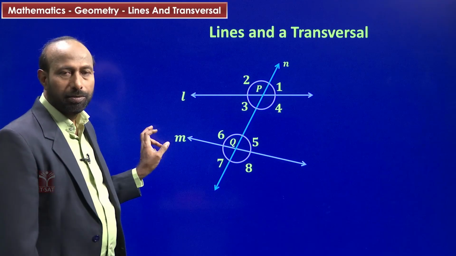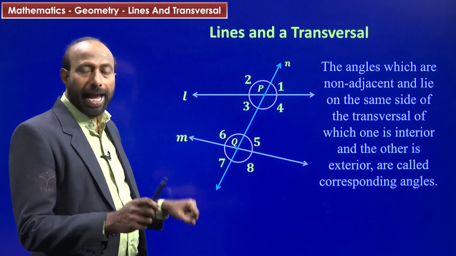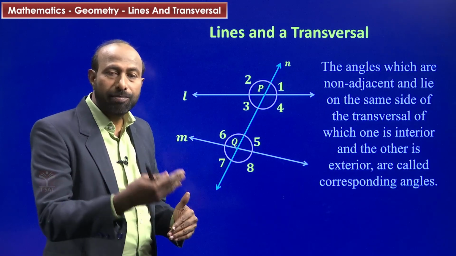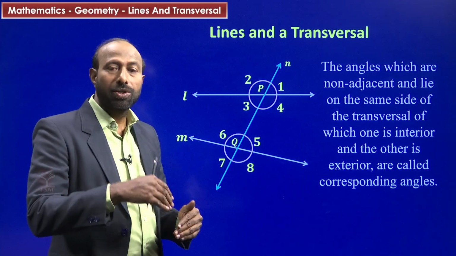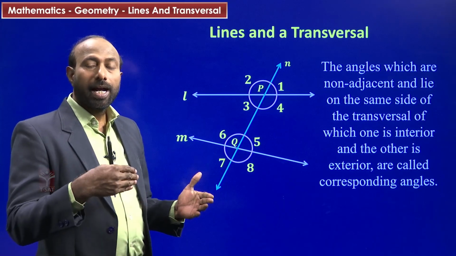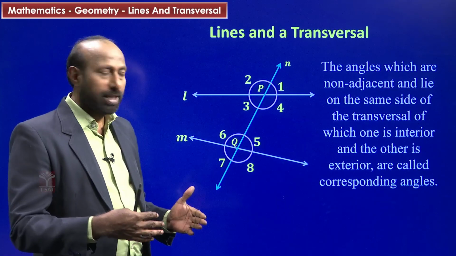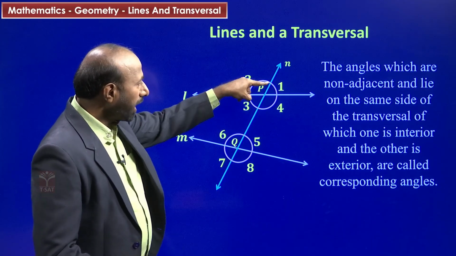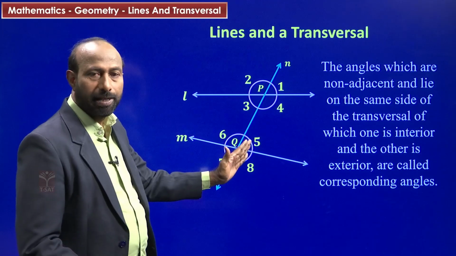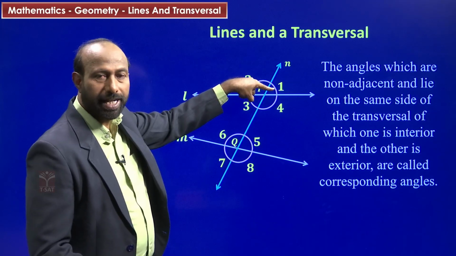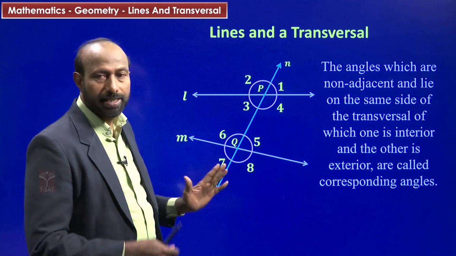Okay. Now, the angles which are non-adjacent and lie on the same side of the transversal, of which one is interior and the other is exterior, are called corresponding angles. That is, if we take 1 and 5, they are on the same side of the transversal, one is an interior angle and the other is an exterior angle, and they are not adjacent to each other.